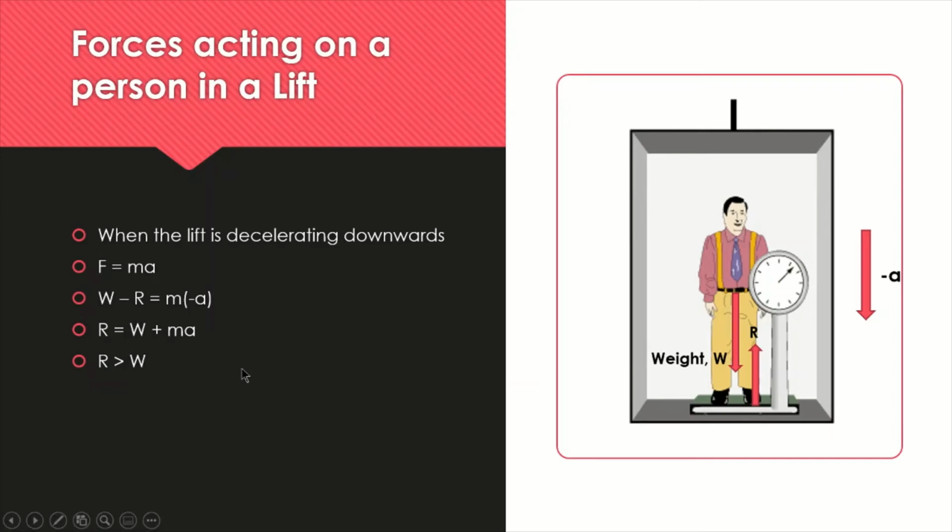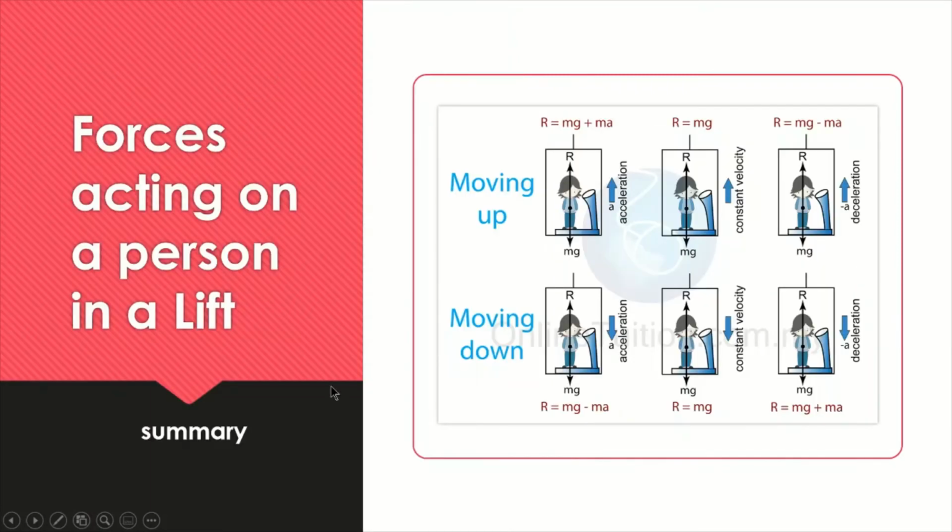So we see here when the lift is accelerating upwards or downwards, or moving with constant velocity, the R will change accordingly. All right, so this is a summary. If the lift is moving upwards with acceleration a, R will be more than W. If it is moving with constant velocity, R will be equal to W. But if it is decelerating upwards, then R will be less than W. The motion downwards will be opposite to the motion upwards.